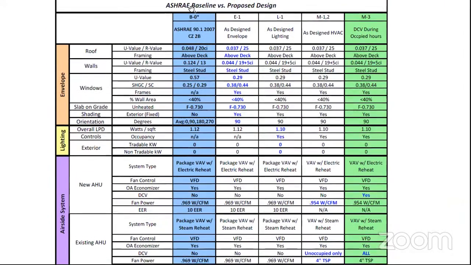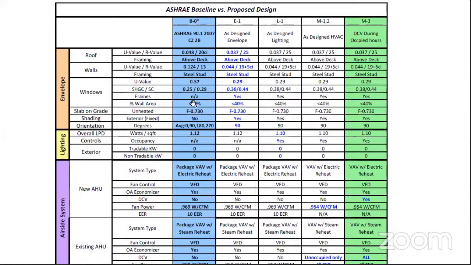Orientation part. In the base case, you need to rotate your building in all 4 orientations and then take the average of it as the base case. For the proposed case, you can select the best orientation. Similarly, as per ASHRAE 90.1, in the base case, say 1.12 is the LPD value, lighting power density.